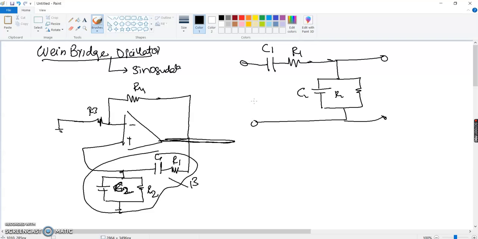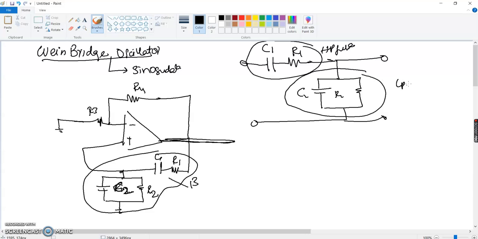That's your input points. As you can see in this beta feedback, we have C1 and R1 in series. That's the RC series circuit, which is nothing but a high pass filter. And over here, the parallel combination of resistor and capacitor is nothing but a low pass filter, right?